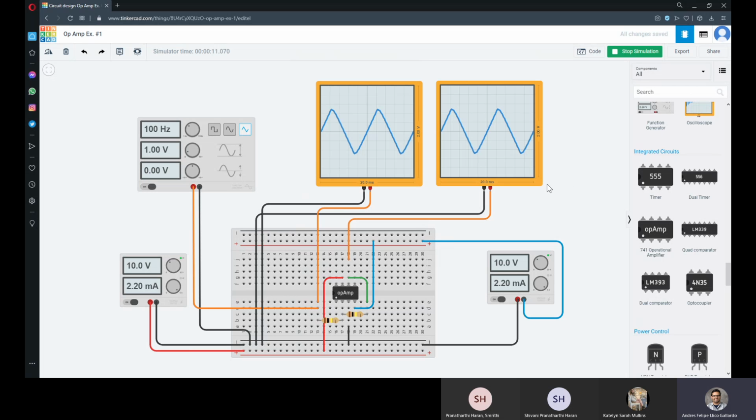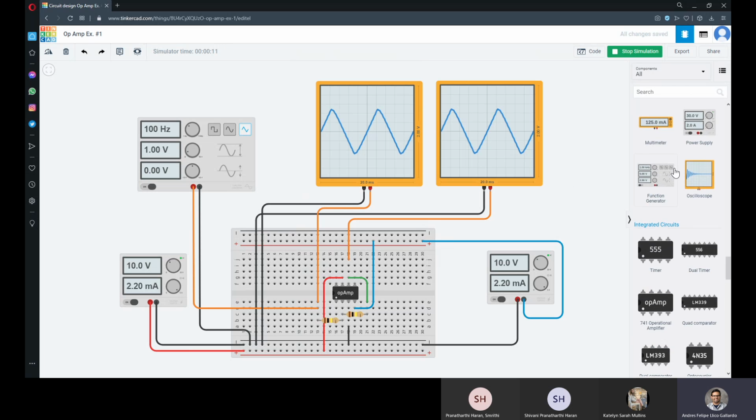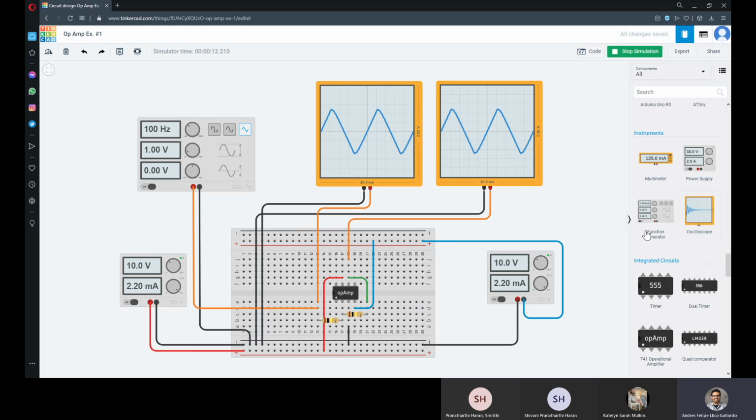Unfortunately, that option is not available here, so I have no way to control the trigger. And even though this is supposed to be an inverter configuration, I can actually not see it through the tools that we have available. So that's kind of unfortunate.